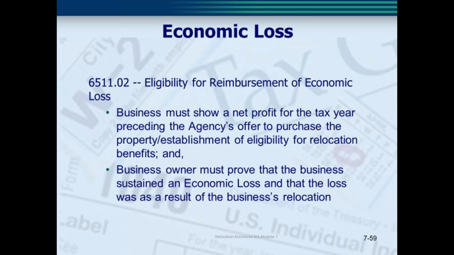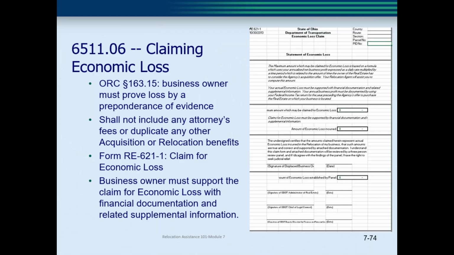If the business tax returns or other verifiable proof of earnings are not provided to the relocation agent, or if the information shows that the business did not realize a net profit, then they are not eligible for economic loss.